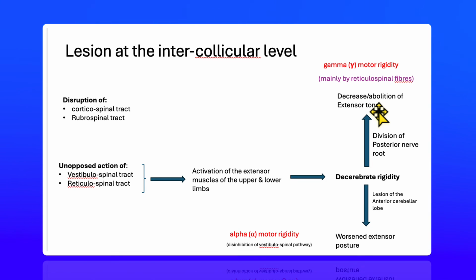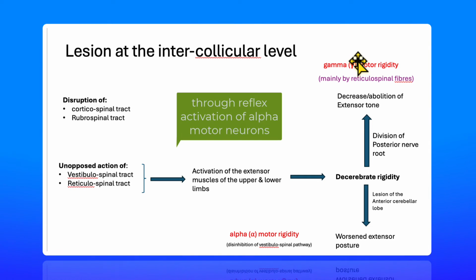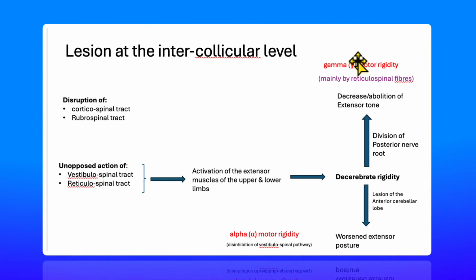And so it is thought that when there is an intercollicular level transection, the extensor posture is mainly caused by an activation of the gamma motor neurons of the muscle spindles that lead to a reflex increase in the tone of the muscles, and particularly the extensor muscles, causing the extensor posture.